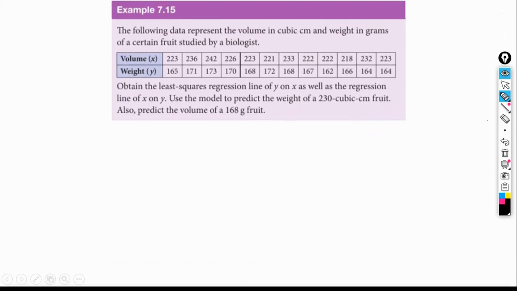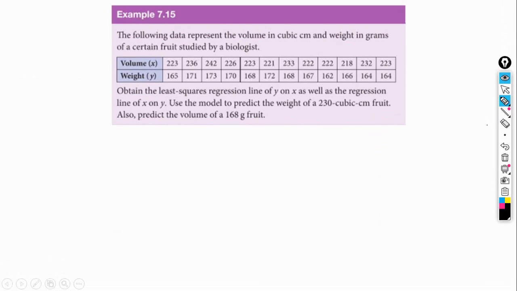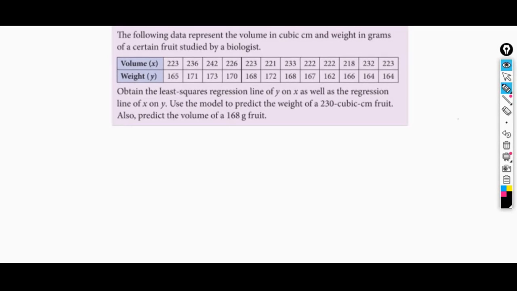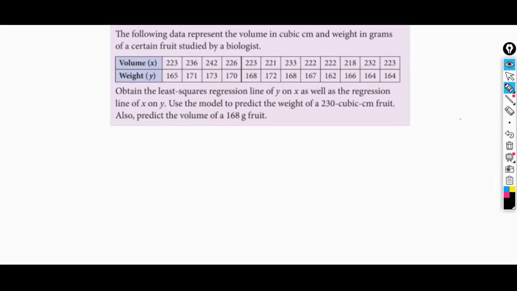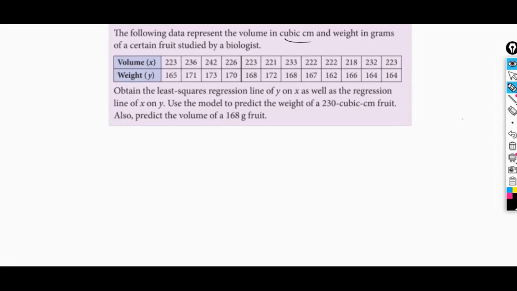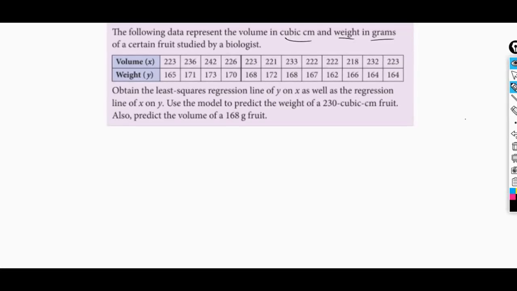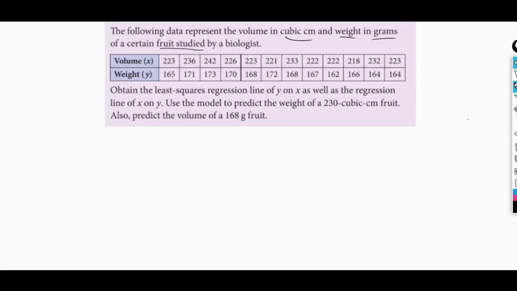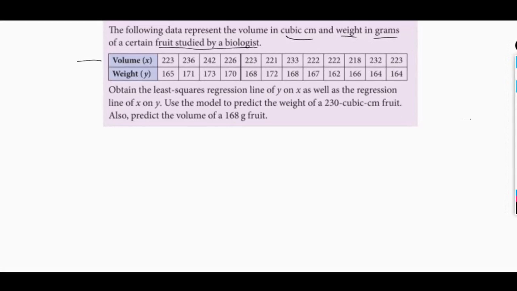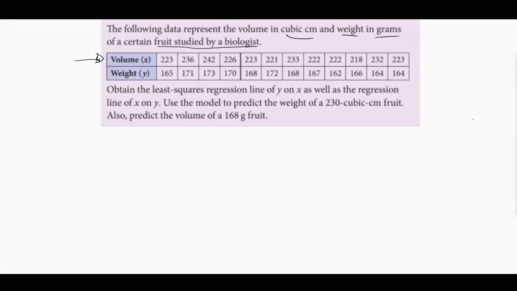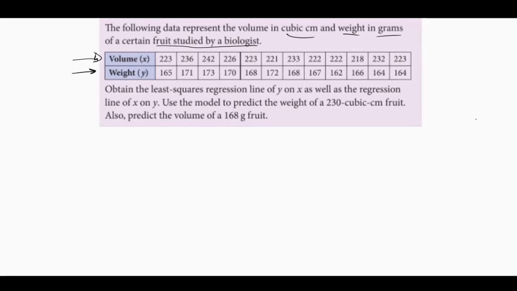So now we continue with example 7.15, and it says the following data represents the volume in cubic centimeters and the weight in grams of a certain fruit studied by a biologist. So X represents volume of the fruit and Y represents the weight.